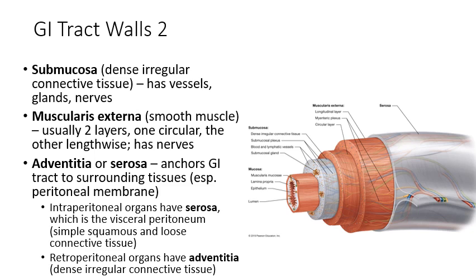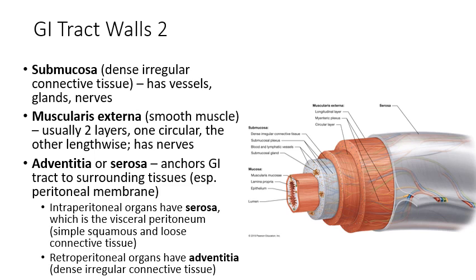The next layer in the GI tract wall is the submucosa, which is dense irregular connective tissue and also carries blood vessels, glands, and nerves similar to the lamina propria of the mucosa. Then outside of the submucosa, you have the muscularis externa, which is smooth muscle. And similar to the muscularis mucosae of the mucosa, the muscularis externa also has 2 layers of smooth muscle.